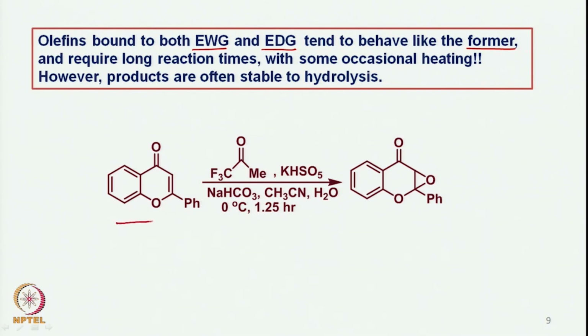Now one example is somewhat like this here. You have an electron withdrawing olefin here, as well as you have donation of electrons from this side.